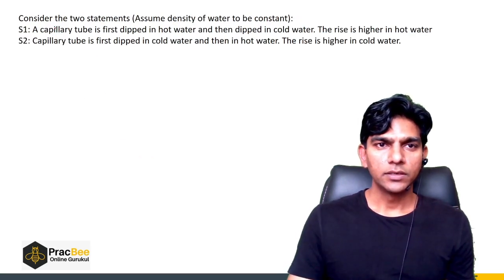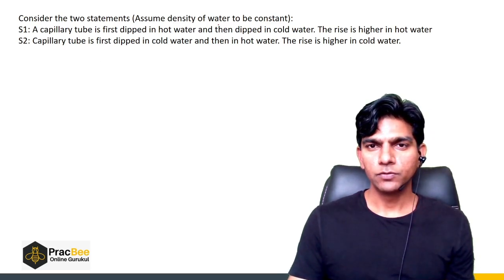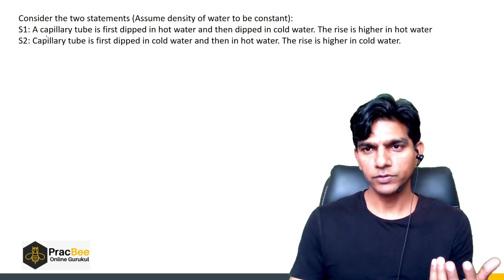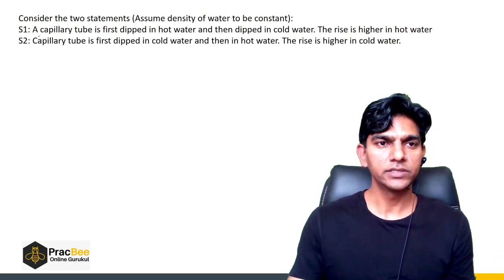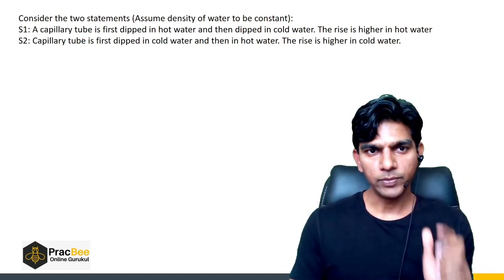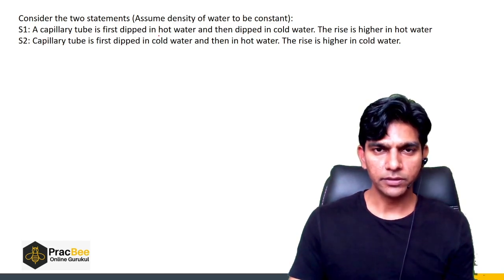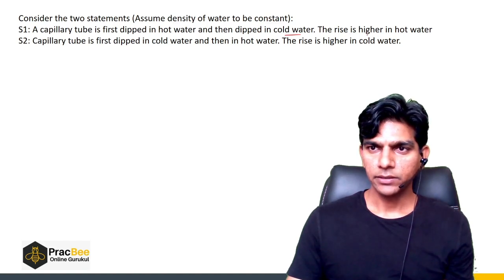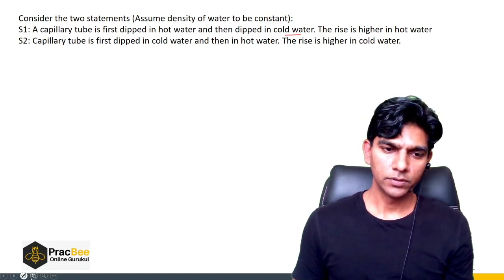Next, consider two statements assuming density of water to be constant. So basically we have to check which statement is true and which statement is false. Statement 1: a capillary tube is first dipped in hot water and then dipped in cold water. The rise is higher in hot water. Okay, right.